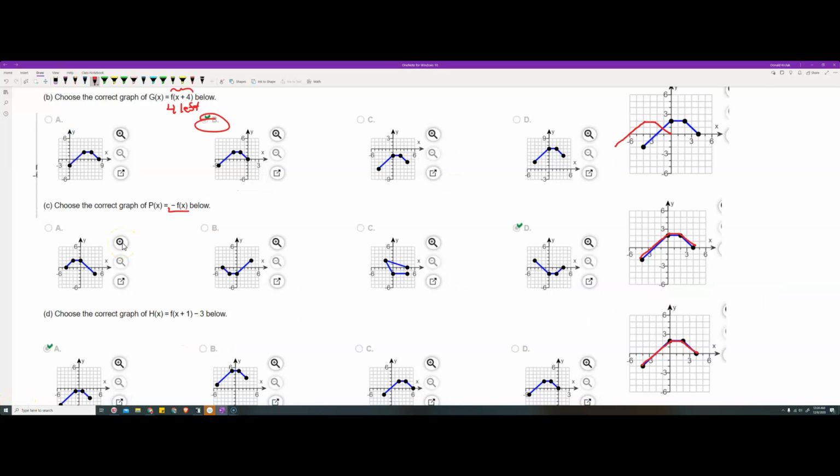The next, the negative is on the outside, so we're going to flip it over the x-axis.